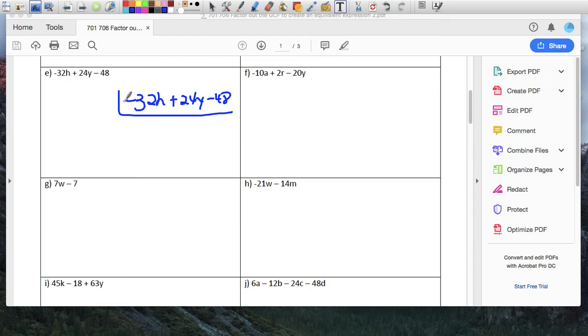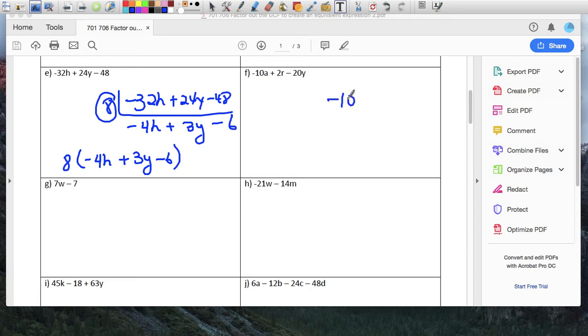Let's try 8. 8 goes into 32 4 times, -4h. 8 goes into 24y 3 times, 3y, sorry. And then 8 goes into 48 6 times. So can we go again? No. So we're stopped. And it's going to be 8 times -4h plus 3y minus 6.